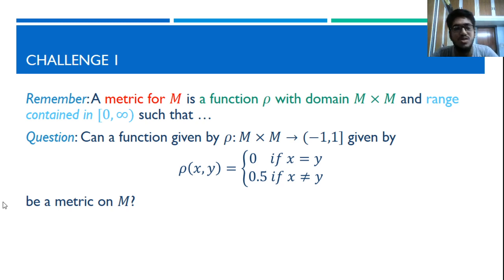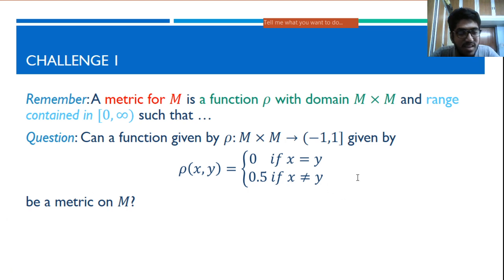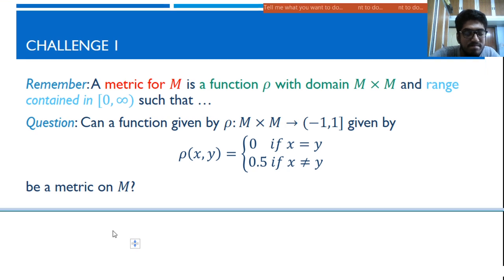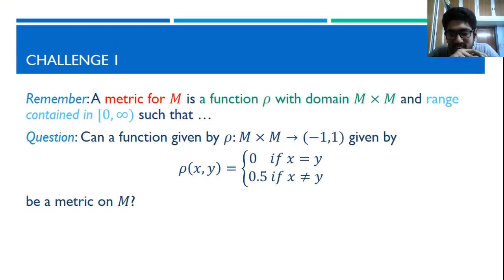Yes, that's also a good thought. But rho is not taking the value. Notice that in the fourth condition we said rho of x comma y should be less than or equal to, not equal to, rho of something plus something.